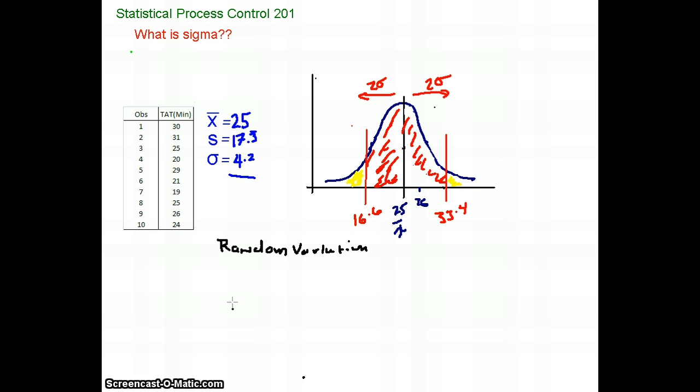The other kind of variation, the kind that we're particularly interested in identifying, is so-called special cause variation. Special cause variation. This is non-random.